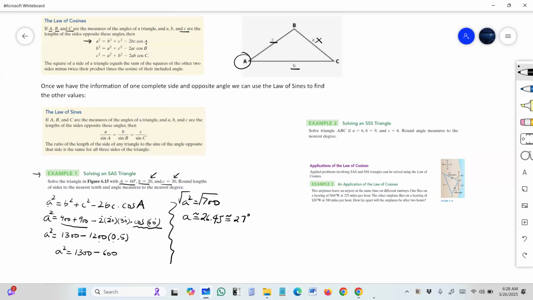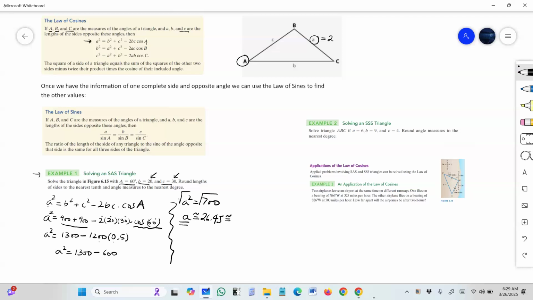Okay, so let's see now. I'm going to use my picture over here. I have this angle and I also have this side now. I'm sorry, so I found the side. Yeah, I made a mistake here. The small a is not the angle, it's the side.